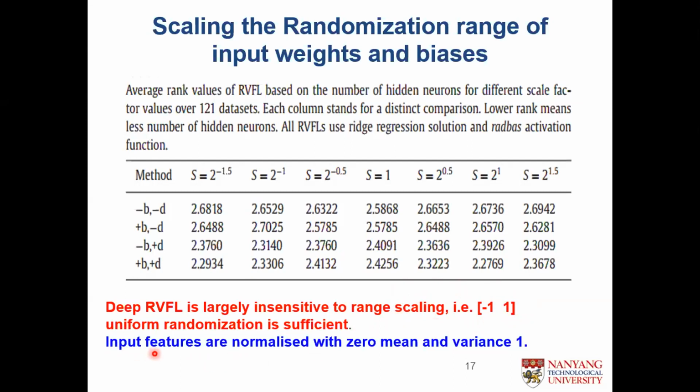Most of the time, our input features are normalized as well, to zero mean and variance 1. We can do this for the hidden layers also. If you want, you can renormalize the hidden layer features coming out of the hidden layer neurons. So according to my students, there is no need to adjust this.